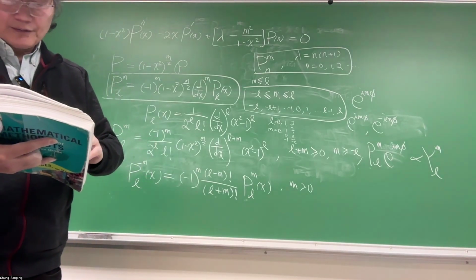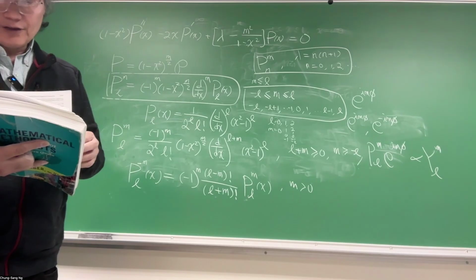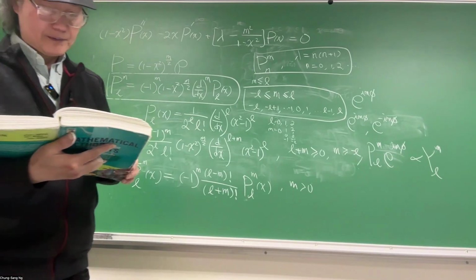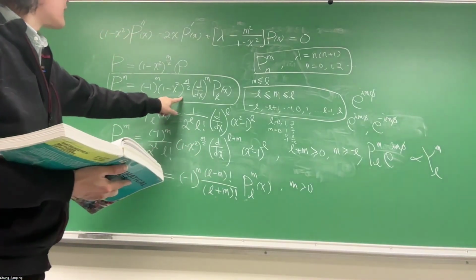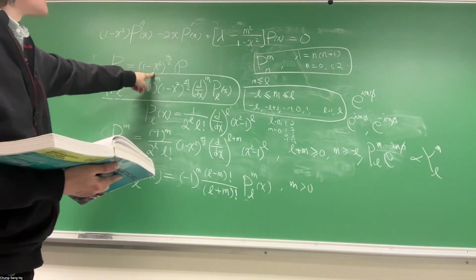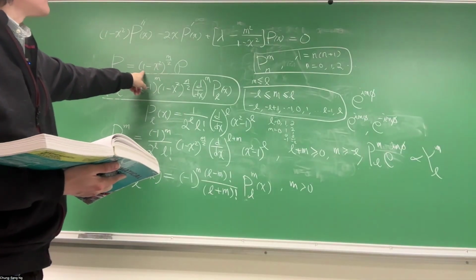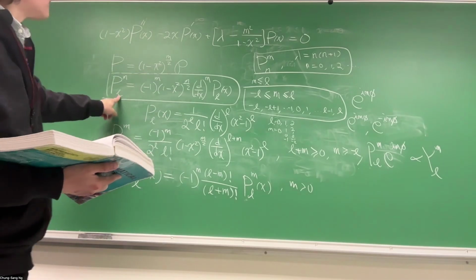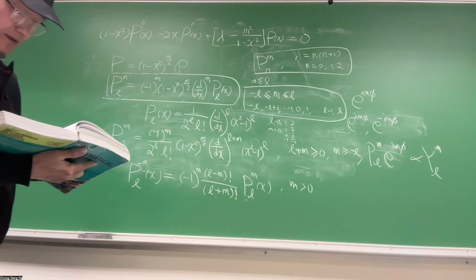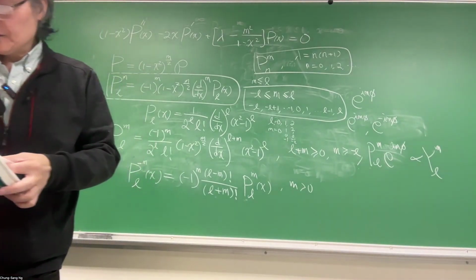The forms are different. Obviously, the forms are different, and because you have this factor, sometimes this factor will enter the recurrence formula also for PLM, so that makes it complicated.